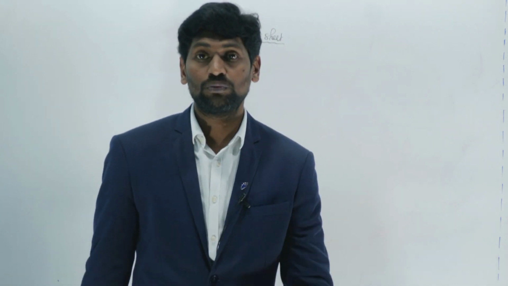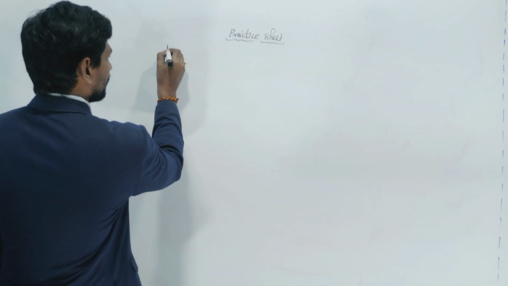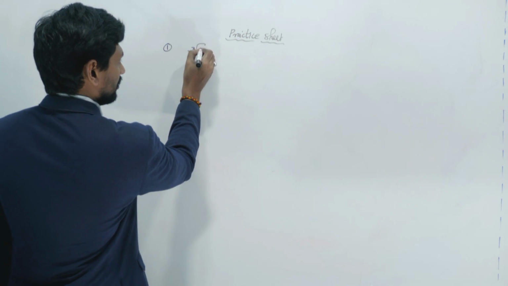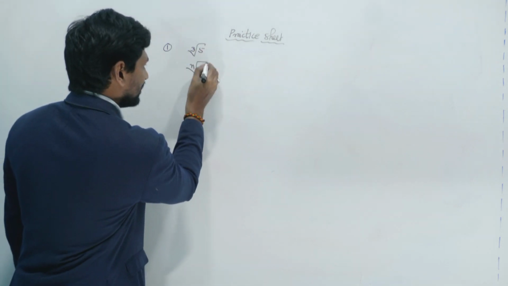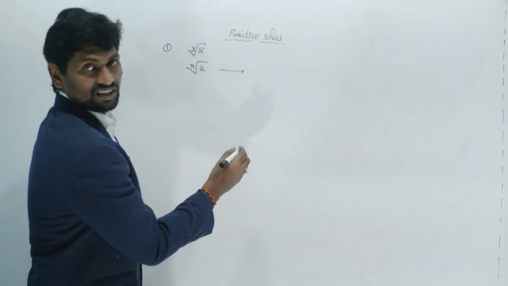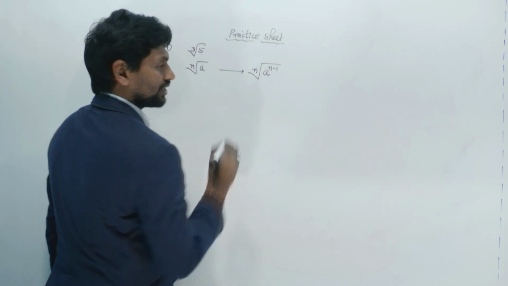The first question is the rationalizing factor of cube root 5. What is the rationalizing factor? If nth root a, the rationalizing factor is nth root a power n minus 1.